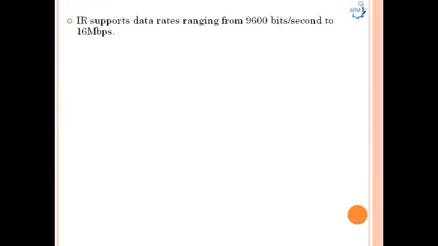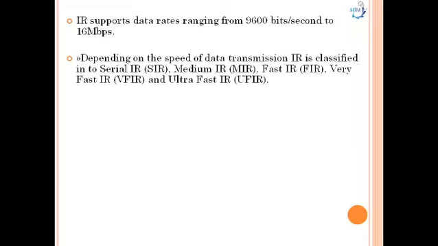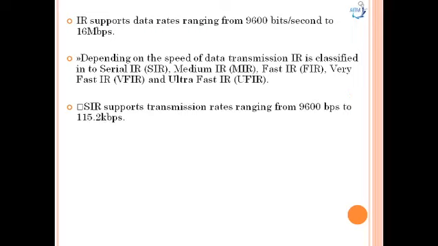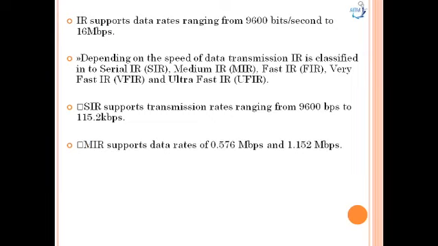Infrared supports data rates ranging from 9600 bits per second to 16 Mbps. Depending on the speed of the data transmission, IR is classified into serial IR, medium IR, fast IR, very fast IR, and ultra fast IR here. The serial IR supports transmission rates ranging from 9600 bits per second to 115.2 kbps.